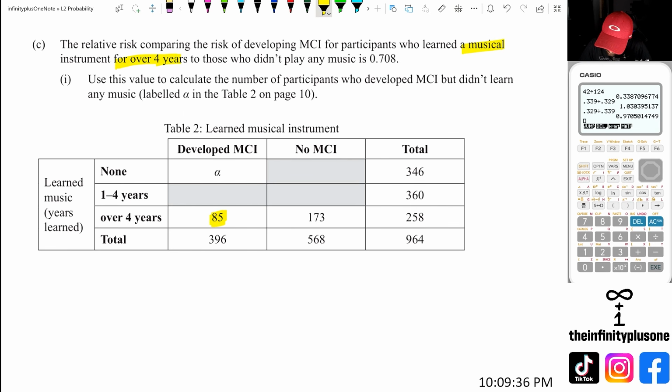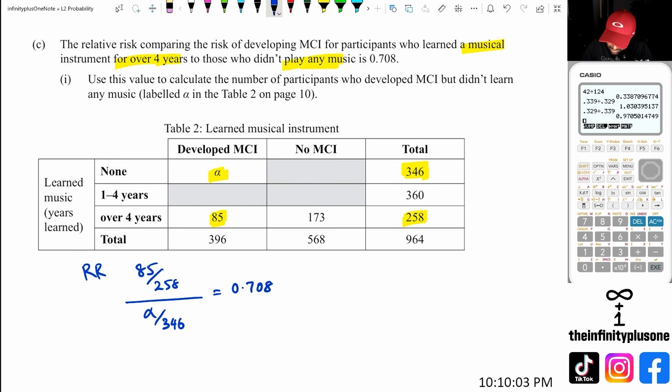So that's going to be 85 out of 258, and for those who didn't play any music, that's alpha out of 346. So I'm going to put down the relative risk calculation here: 85 over 258 divided by alpha over 346 equals 0.708.